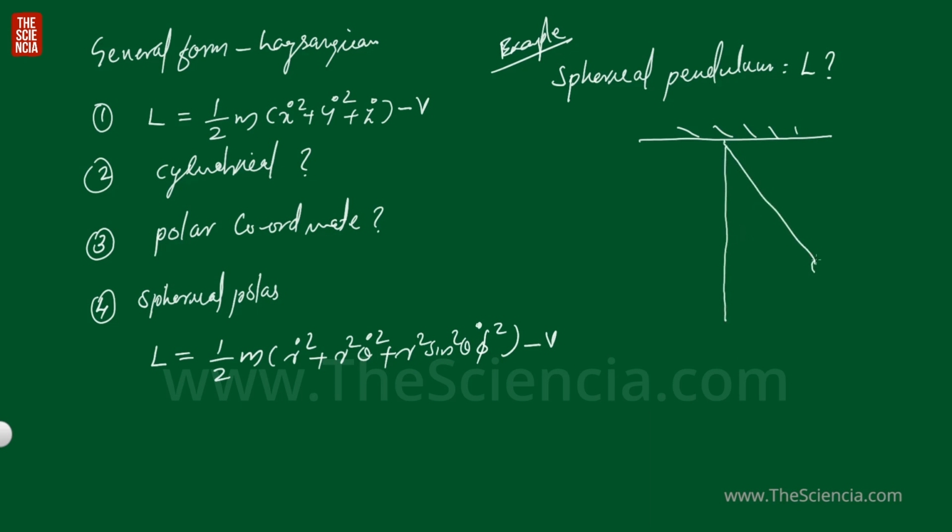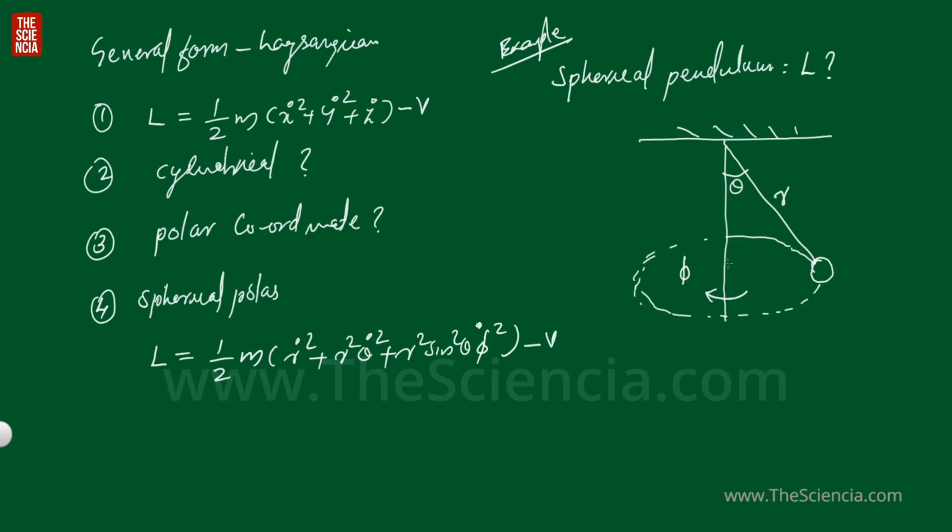And you know, a simple pendulum will oscillate in a vertical plane only. But a spherical pendulum will oscillate in a circular path like this. Okay. And here this angle is theta and it is rotating with the angle phi and this is length r.